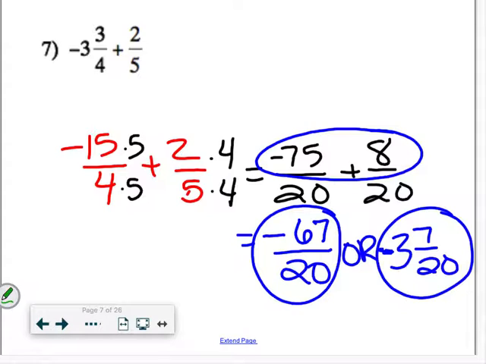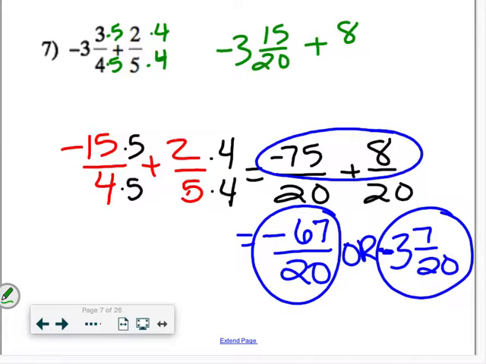Okay, so the common denominator was 20, right? So let's say we changed this before even changing our mixed number to improper. So we'd have negative 3 and 15 over 20 plus 8 over 20.